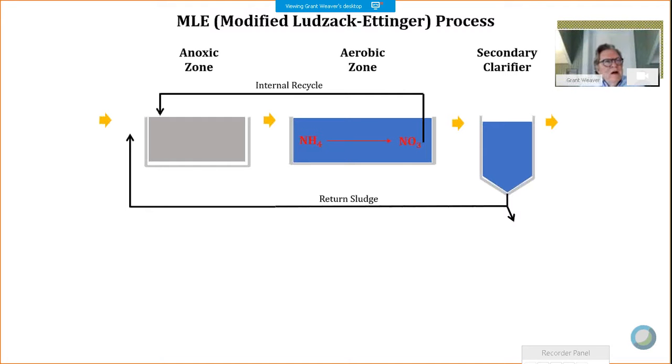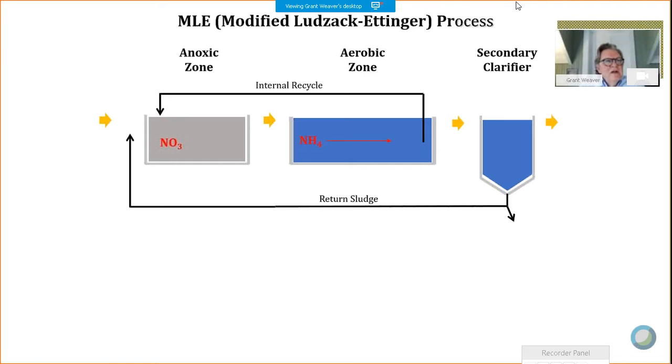But to bring enough nitrates into the anoxic zone, some really smart people figured out that could overwhelm the secondary clarifier. You'd be pushing so much water in and out of that tank as RAS that it would stir up the contents and you would have poor effluent TSS. So they came up with this idea of having an internal recycle which pumps the nitrates back into the anoxic zone.